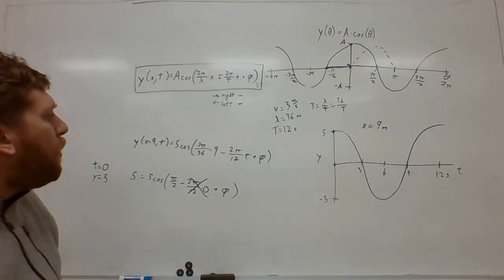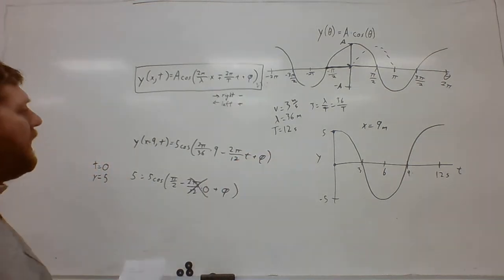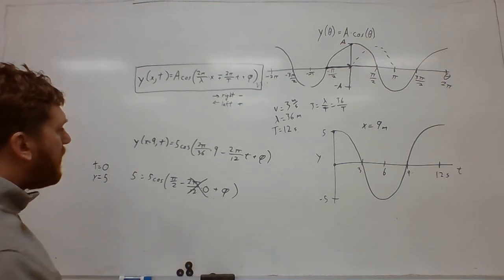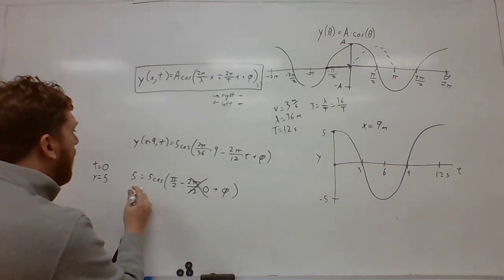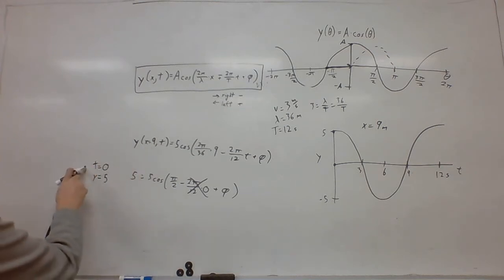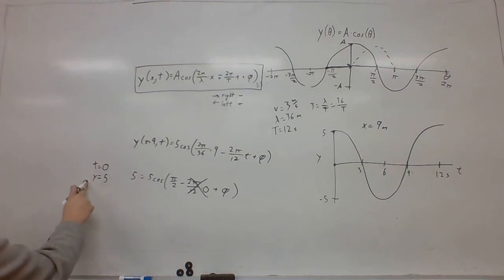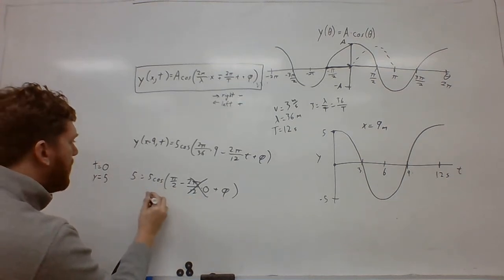So what we're doing is we're creating an equation for this graph. And what I need to do is solve for this phase constant. We plugged in conditions where I knew both the y and the t, which are my two variables. I knew at time equals 0, y was 5, and I'm doing that to solve for the phase constant.